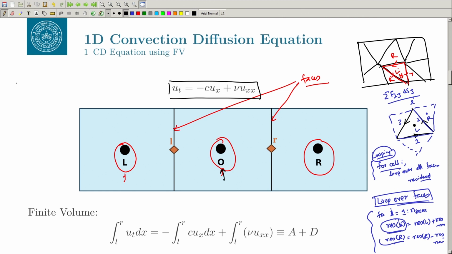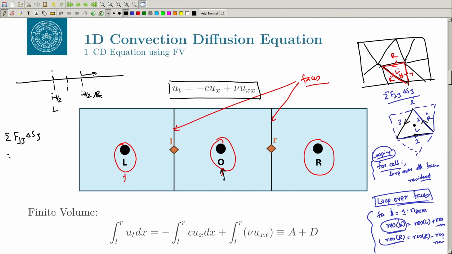Okay. So, you recall, this is my i plus half and i minus half. This is my right cell and this is my left cell, right. So, F perpendicular j delta S j, if you do that.